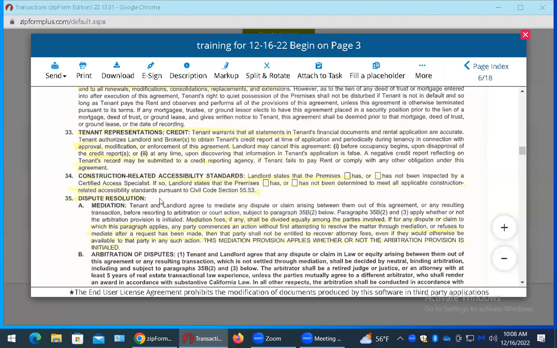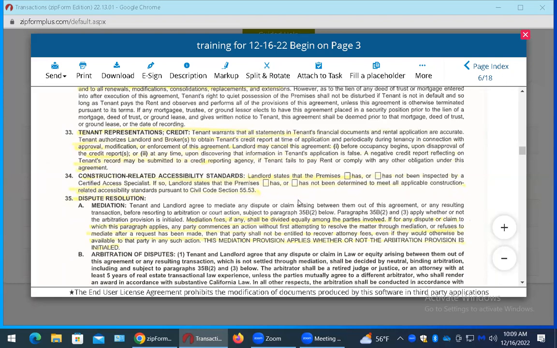Number 34 requires that you check some boxes. So construction related accessibility standards. It could be an ADA bathroom or things of that nature. So landlord states the premises has or has not been inspected by a certified access specialist. Usually here, I'd say in 90% of the leases, it has not.